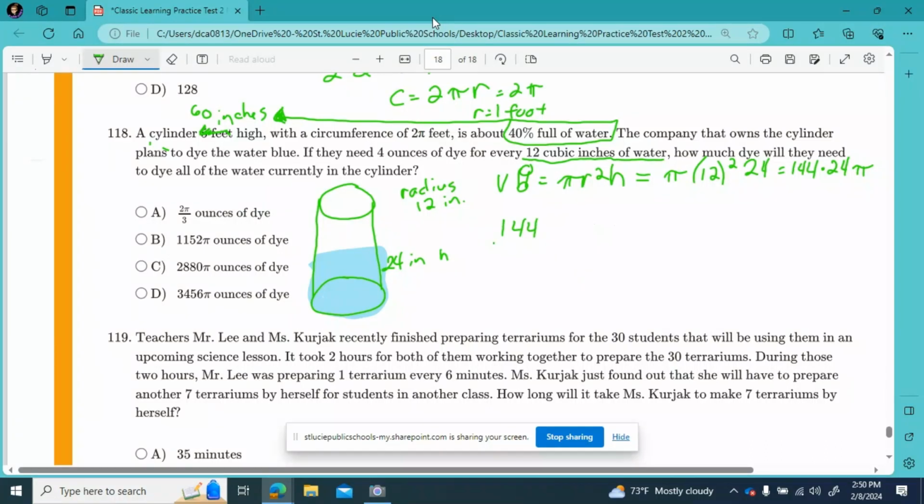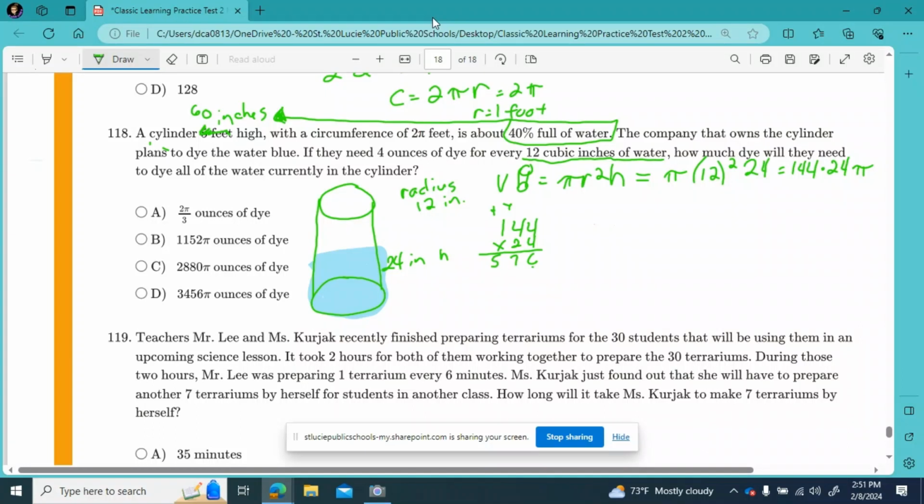144 times 24. And do you see me here multiplying like a perfect little 4th or 5th grader, right? We're writing this out. There is no calculator on this test. You've got to remember how to write out your multiplication and long division like you did when you were younger. 4 times 4 is 16. 4 times 4 is 16 plus 1, 17. 4 times 1, 1 plus 4, 5.